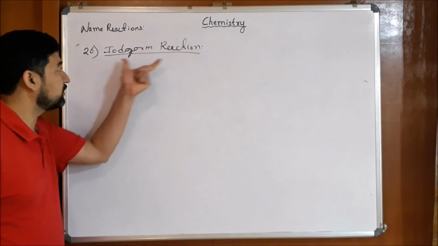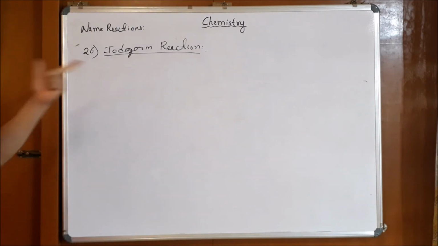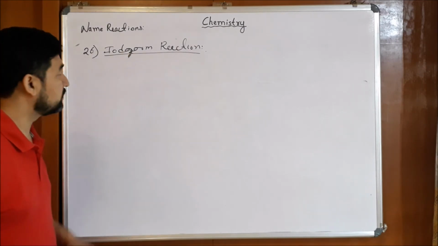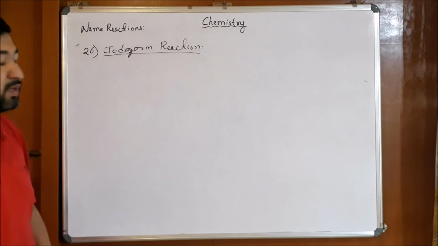The next reaction is the iodoform reaction. This is one of the very important reactions. It is also used in the detection of compounds. In this reaction, iodoform is formed.